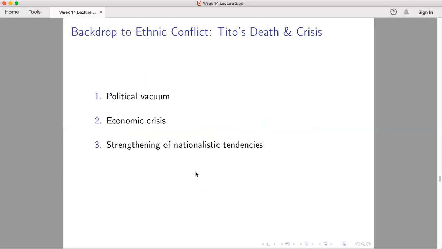A third thing that happened is that once Tito died, and once his rhetoric about repressing nationalism and solidifying a Yugoslavian identity went away, we saw the strengthening of various nationalistic tendencies.